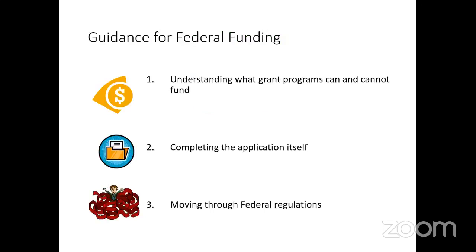But just some general guidance when it comes to federal funding is you want to make sure you understand what a grant program can and cannot fund. You want to make sure it's the right fit. You want to make sure the application is complete. And we're going to talk about how to complete one of those, of course, a little bit more today.